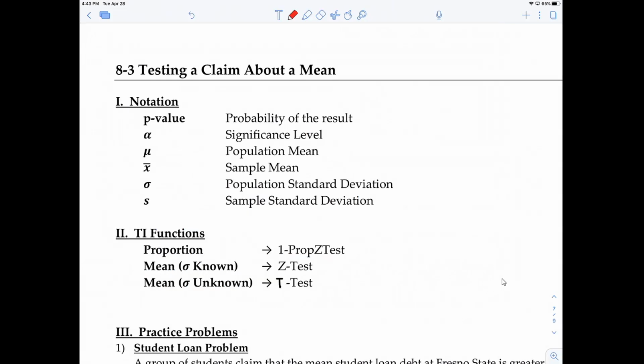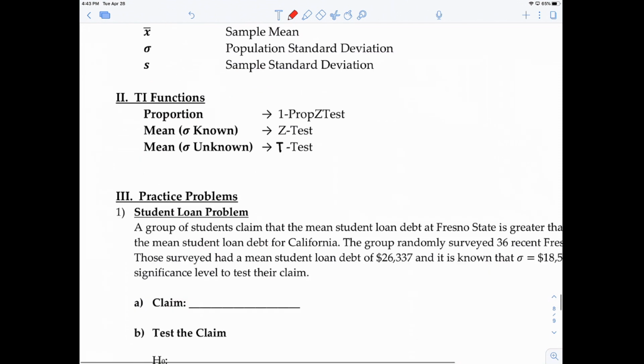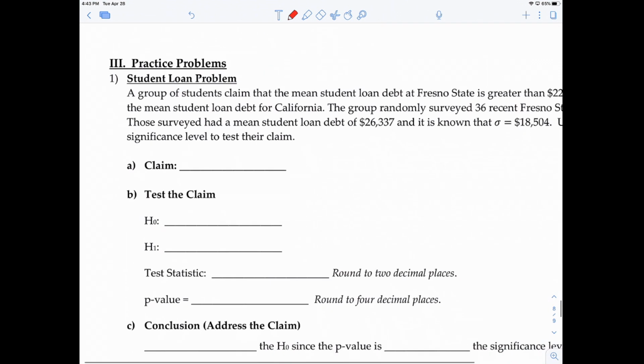All right, so let's go ahead and get to it. These are some notations that you should be familiar with already. You've seen p-value, which is the probability value, and alpha, which is the significance level. These you've seen in prior sections of the textbook. Okay, so let's jump right into this problem.